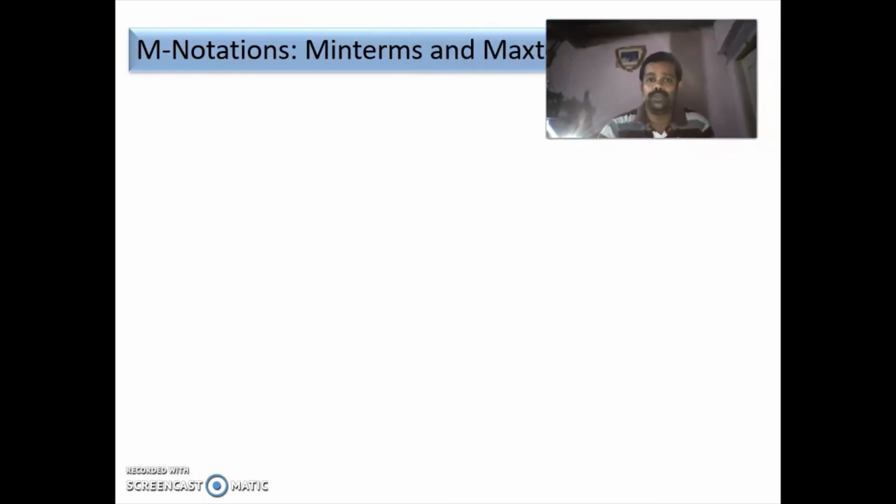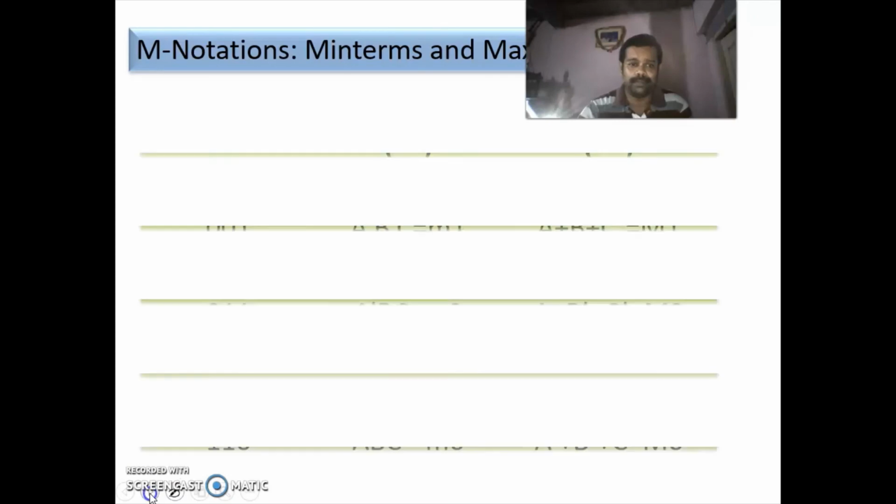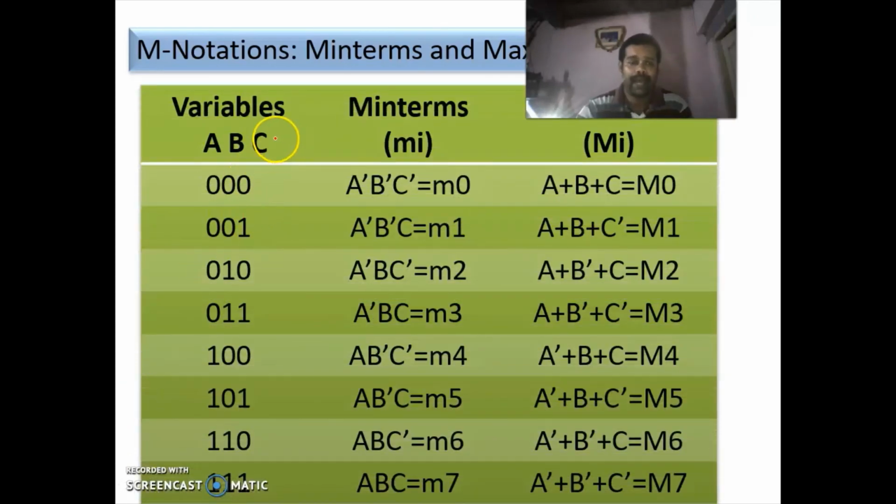Now, how to write max terms and min terms? We are taking 3 variables A, B and C. In a min term, for 0 we write small m subscript 0, meaning A bar, B bar, C bar.